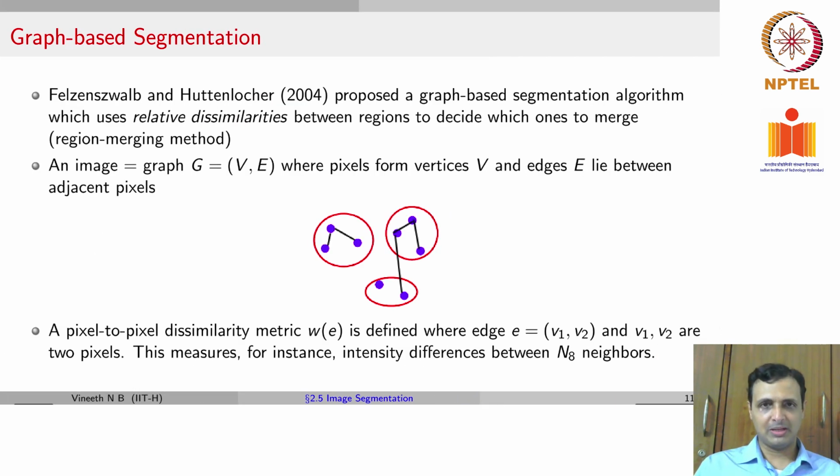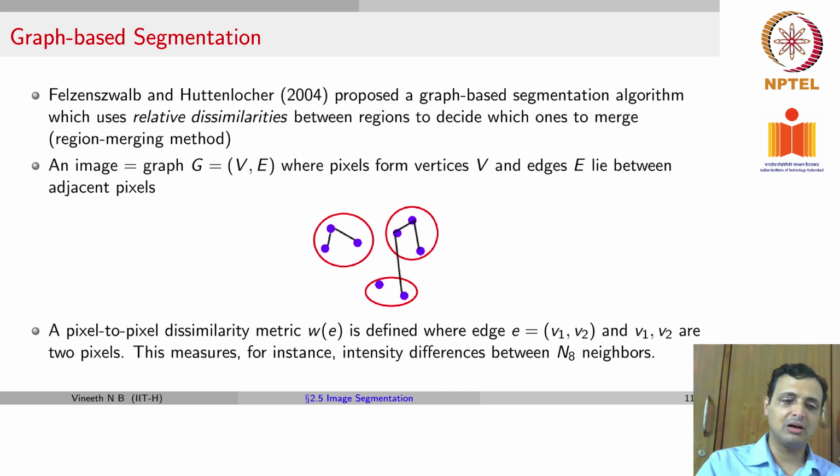One of the popular methods for image segmentation was graph-based segmentation, which was proposed in the early 2000s by Felzenszwalb and Huttenlocher. They proposed a graph-based segmentation algorithm which used dissimilarities between regions to find out which regions to merge in a given iteration.